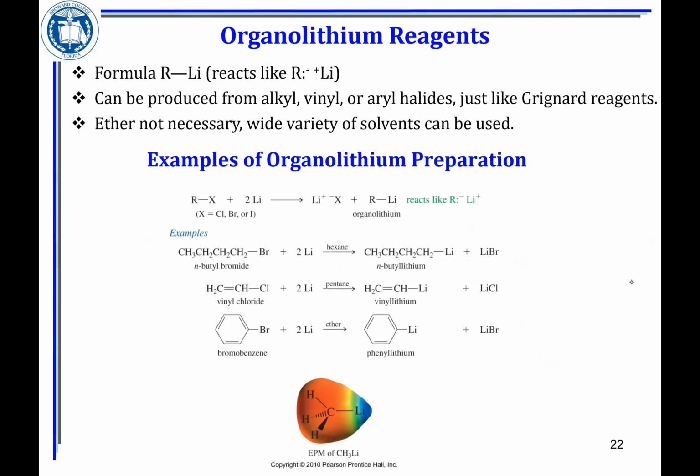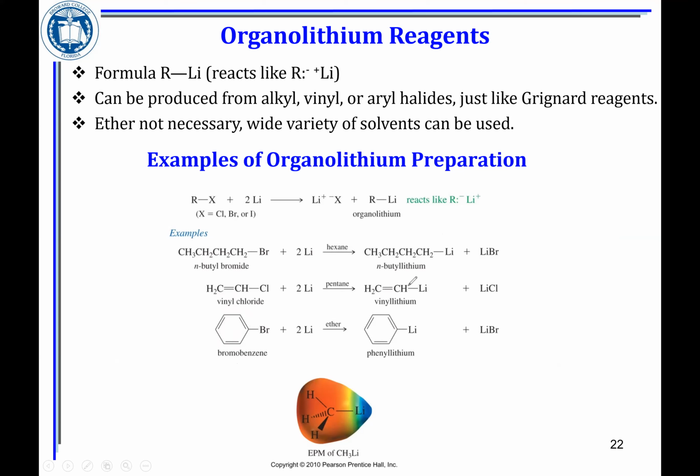Other examples of organometallic compounds or reagents are alkyl lithium. For alkyl lithium also, you would add the alkyl halide, vinyl halide, or aryl halide to lithium, and you get your alkyl lithium as the reagent.